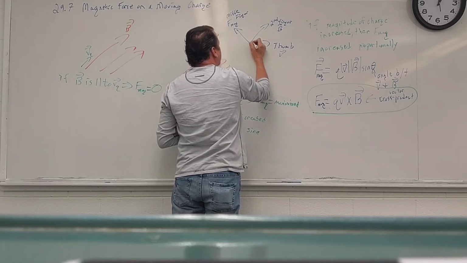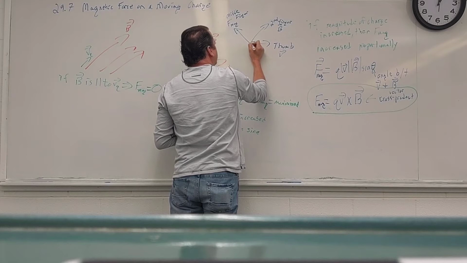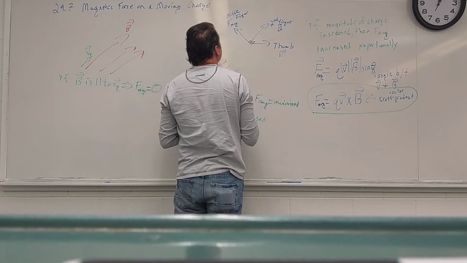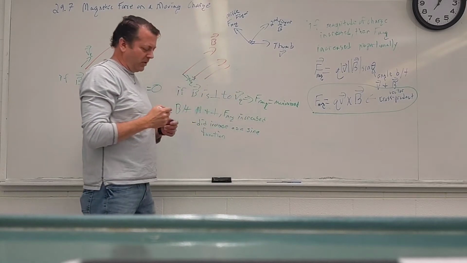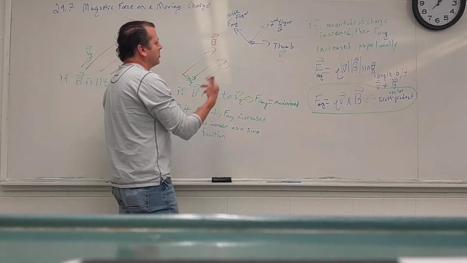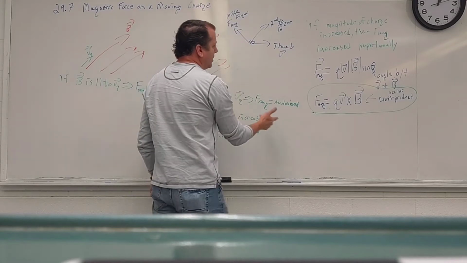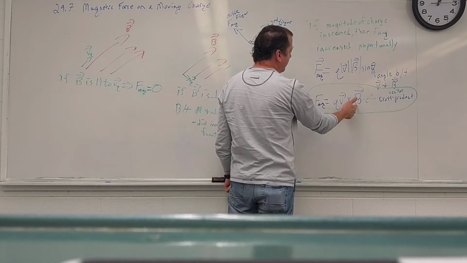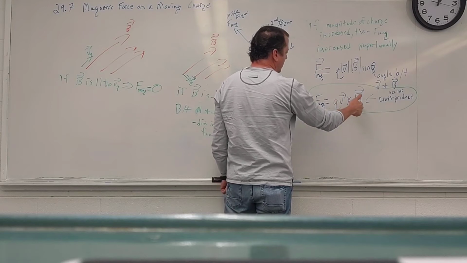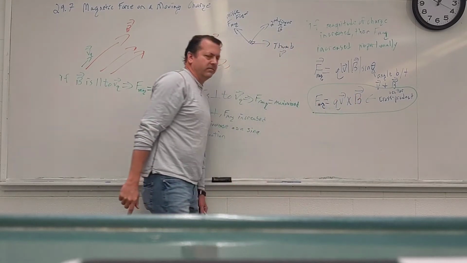Those are perpendicular, and both are perpendicular to the magnetic field. So you got your thumb, velocity, second finger, magnetic field, and middle finger, force.